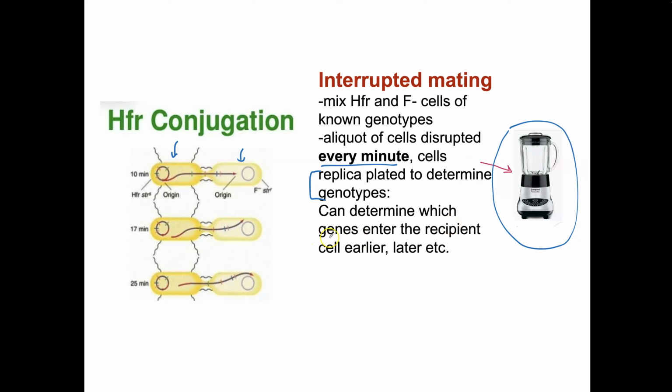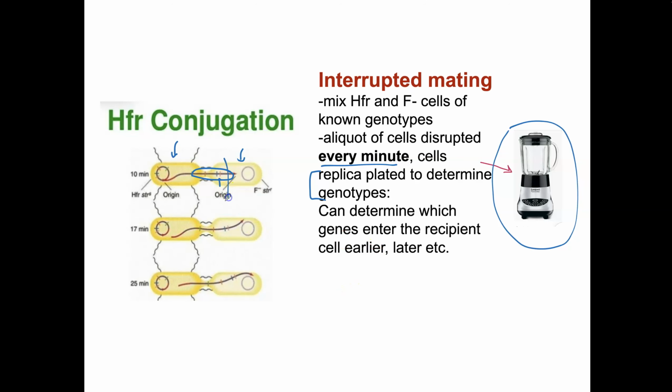And then you take that aliquot and you plate them out to find out what the genotypes are. Usually we're trying to map genes that are in this region, and we want to know, well, which of these genes comes in first? Is it the adenine gene, or is it the histidine gene, or is it actually the lac genes? Which one comes in next? Which ones show up close to each other in timing versus which ones are delayed quite a bit? So the idea is you can use the time.